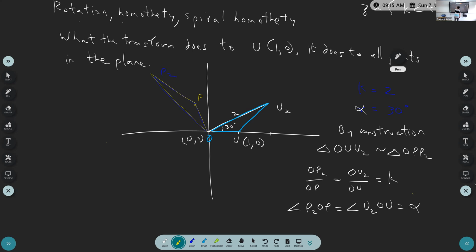In this image, this angle will be equal to this angle, which is alpha in general. And if this original distance was r, then this distance will be k times r.